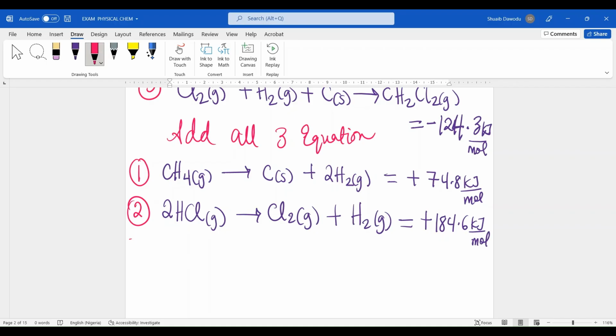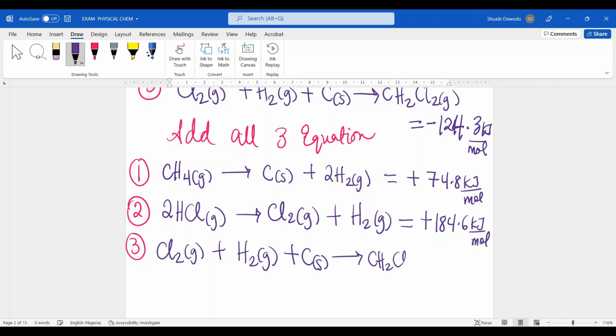And number 3: Cl2 gas plus H2 gas plus C solid gives CH2Cl2 gas, with 124.3 kilojoule per mole.